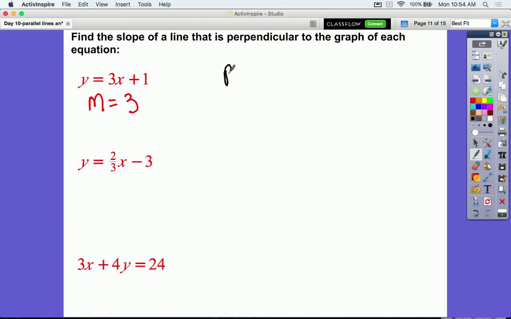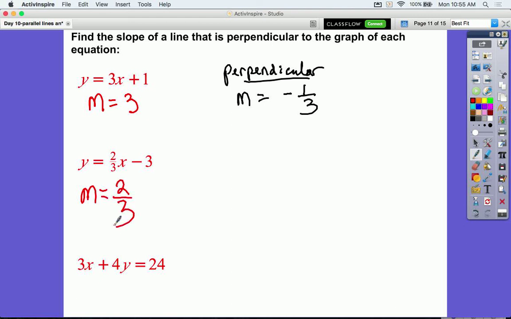The slope of a line that's perpendicular to 3 is going to be the negative reciprocal of 3, or 3 over 1, which is going to be -1/3. The slope of this line here, y equals 2/3 x minus 3, is 2/3. Its negative reciprocal is going to be -3 over 2.